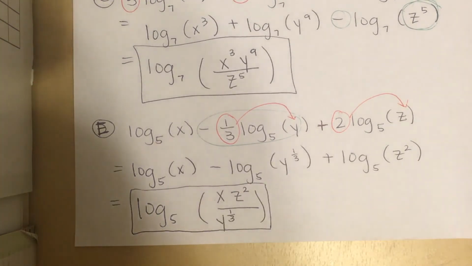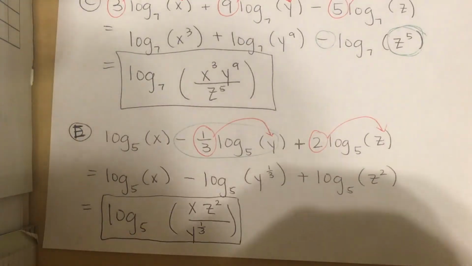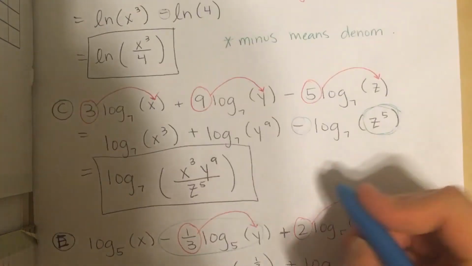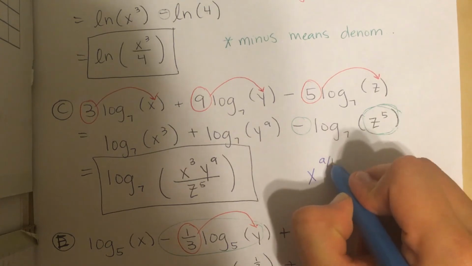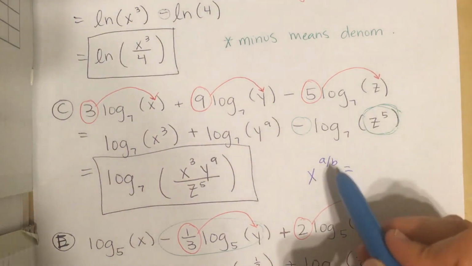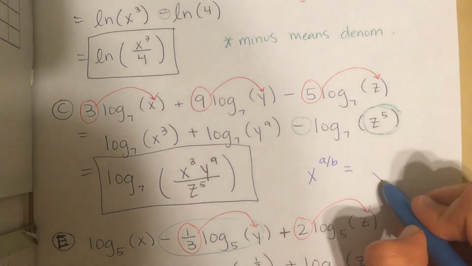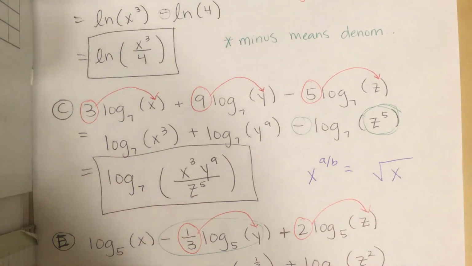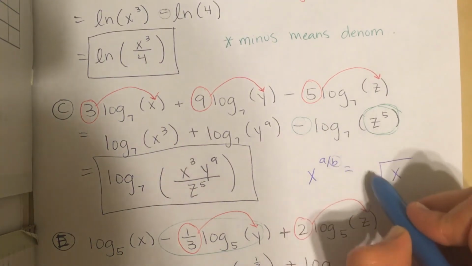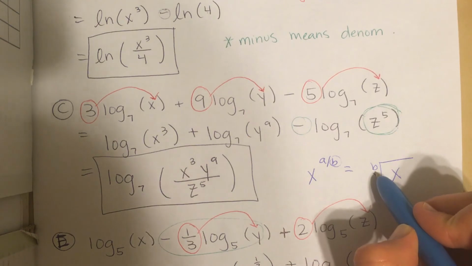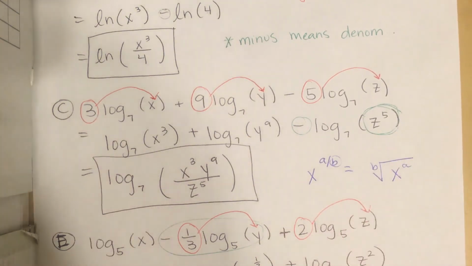But just as a side note, let me write that in blue up here. If I have a fractional exponent like this, usually you rewrite it as a root, and this denominator here becomes your index, and the numerator stays as your exponent.